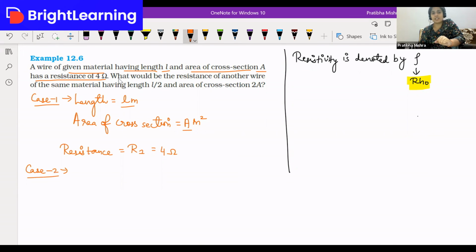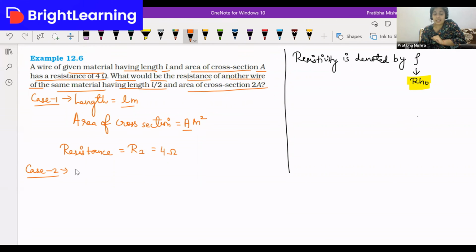Let's take case number 2, the second condition. They are asking what would be the resistance of another wire of the same material. They are reducing the length by half and increasing the area of cross section. When will the area of cross section increase? When you increase the diameter or the radius, right?